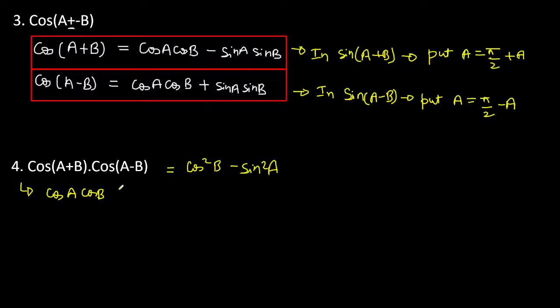If we have cos(A plus B), it is cos A cos B minus sin A sin B, and cos(A minus B) is cos A cos B plus sin A sin B. So we can simply say that this is (A minus B) into (A plus B).